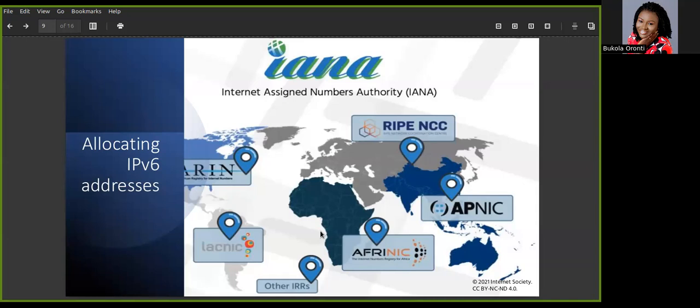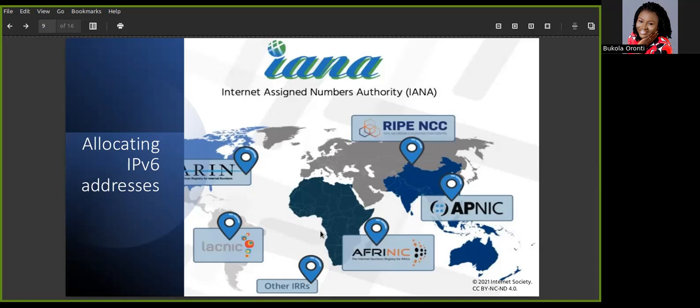If you look at this image on your screen, you can see that we have 5 of them. We have LACNIC for Latin America and the Caribbean, ARIN for the American registry, AFRINIC for Africa, APNIC for Asia Pacific, and RIPE, I think that covers Europe.